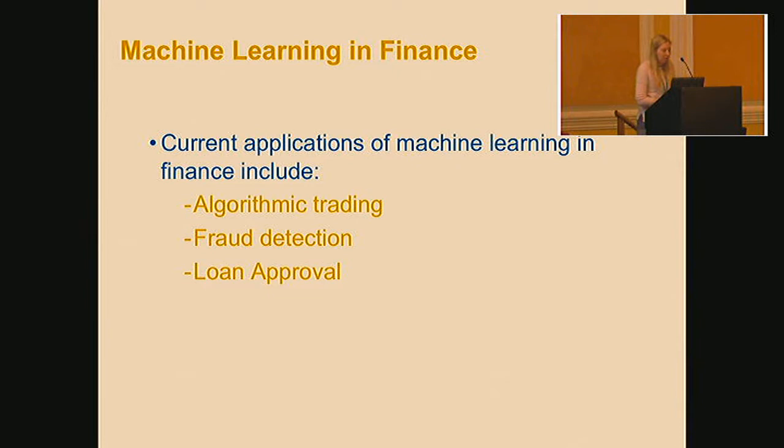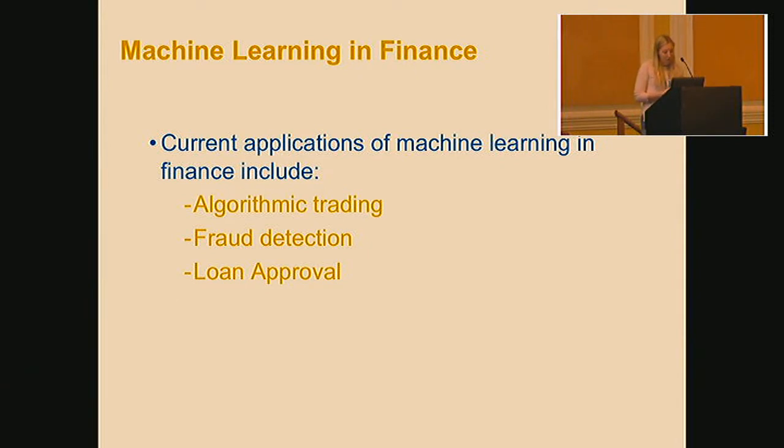And then the second technique is machine learning, which I was comparing. Machine learning, especially supervised learning, is very well suited to finance because finance has a wealth of accurate historical data that it can draw upon, which is great for supervised machine learning.